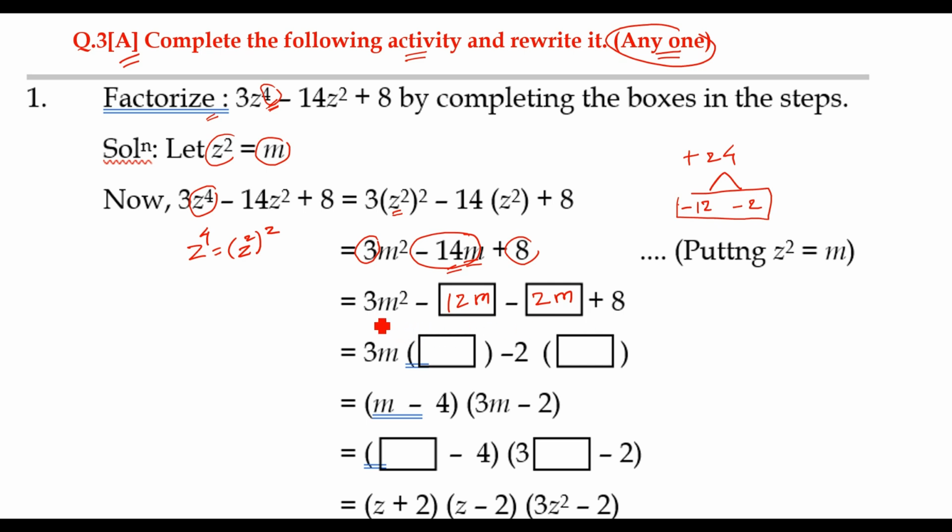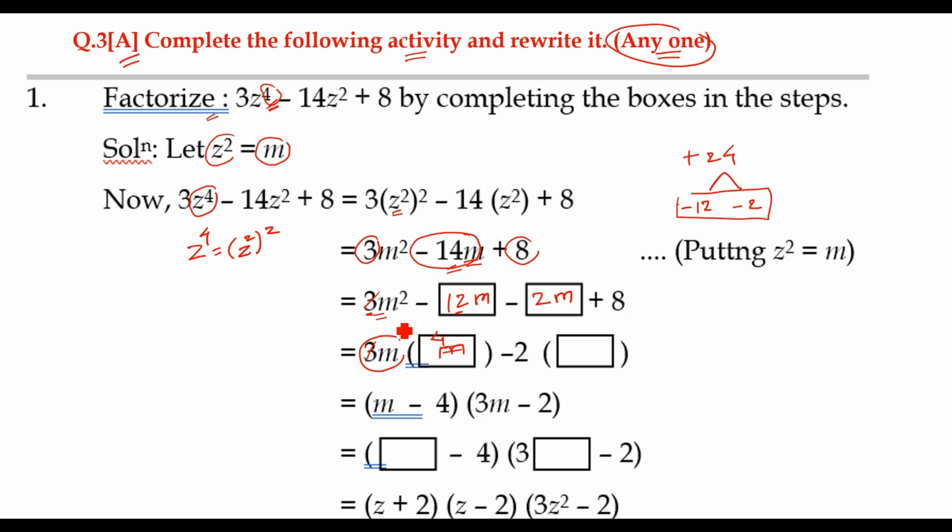Now here we can take 3 and 12, 3 is a common factor, m square and m, m is common. Whatever common is taken, if you divide by this term, then this 3 will get cancelled, m square by m will be m, and here it will be 3, and in the bracket if you divide 12 by 3, this will give 4 as the value here.